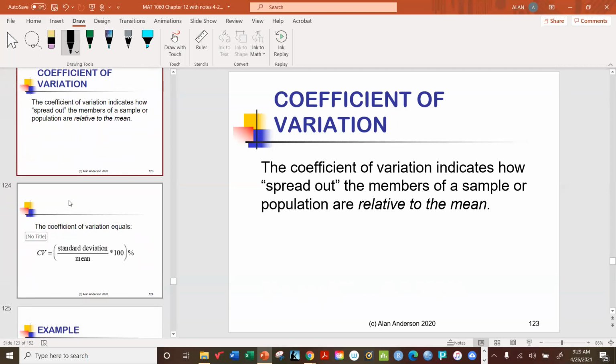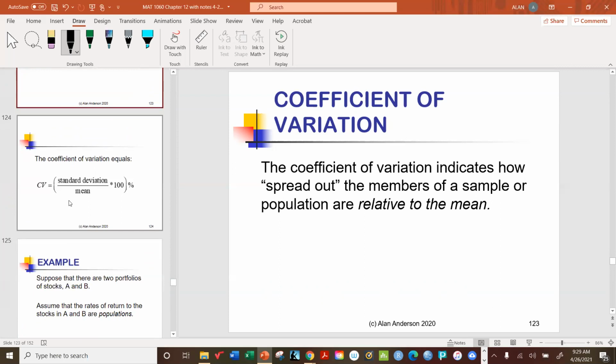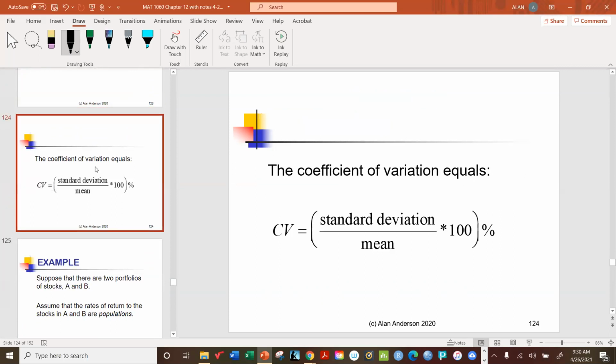All right, here we go. So the general approach is you're going to take the standard deviation, you're dividing by the mean, and you're multiplying by 100 to turn it into a percentage.